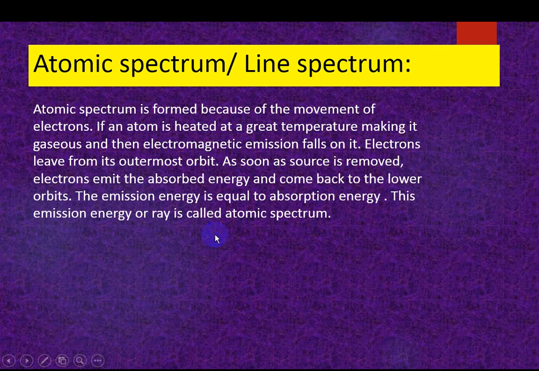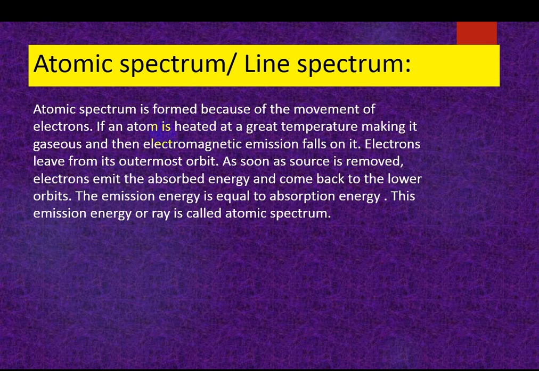Have you understood what the line spectrum is? Atomic spectrum is formed because of the movement of electrons. If an atom is heated to a great temperature, it becomes gaseous, and electromagnetic radiation falls on it. Electrons leave and move to the outermost orbit.